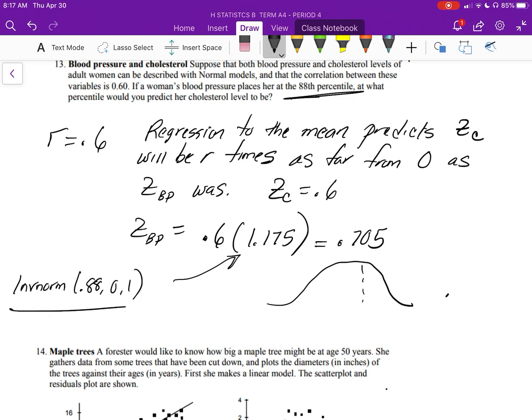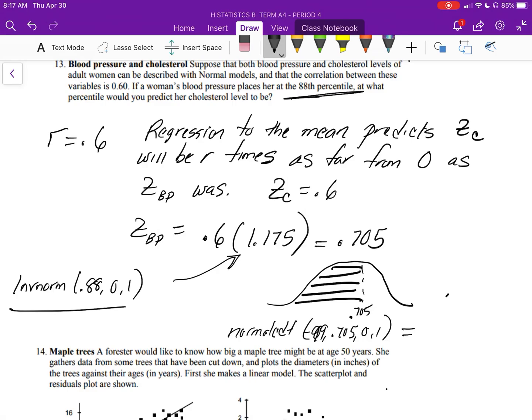We're basically just going to use the normal CDF, from negative infinity, so let's say negative 99, all the way up to 0.705, and the mean is 0 and the standard deviation is 1. If I plug all that in, I'm going to get somewhere around the 76th percentile.